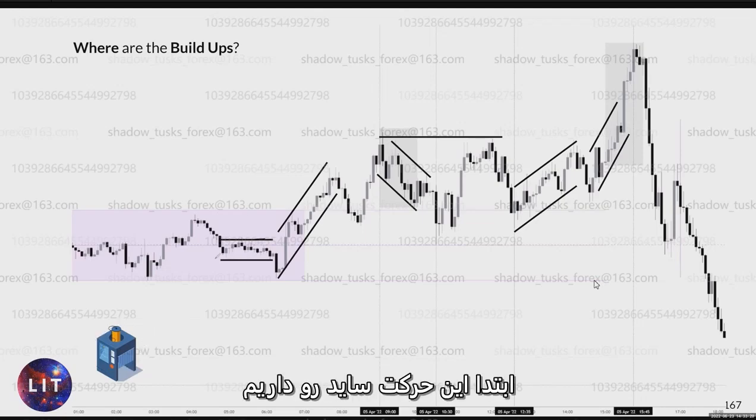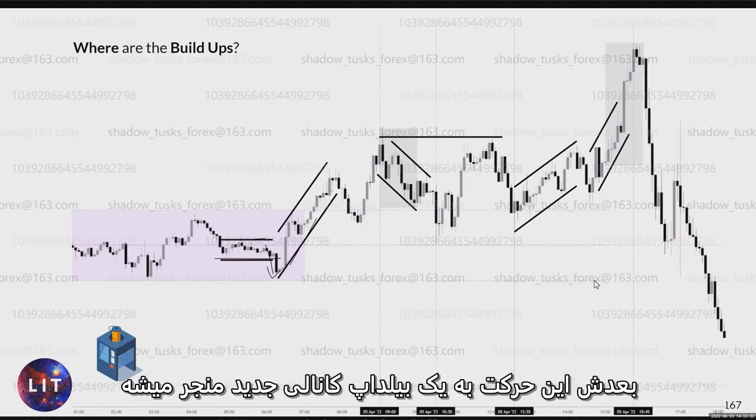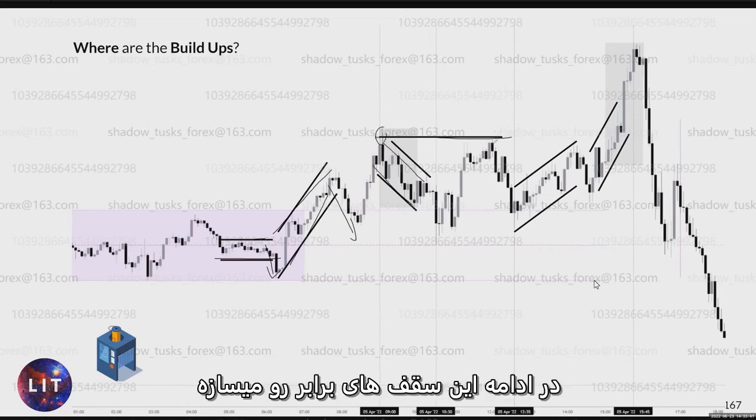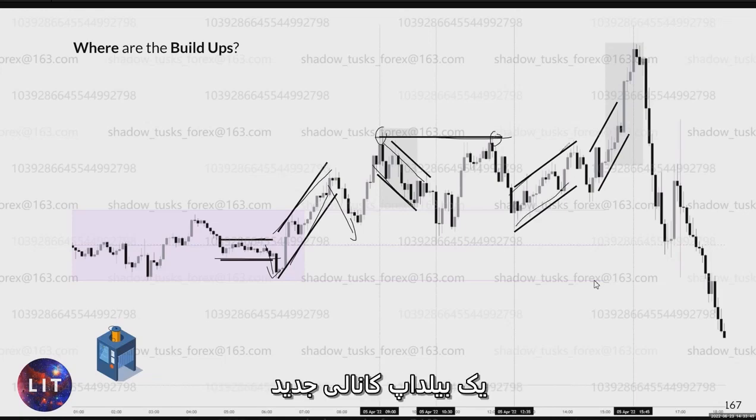We have the first sideways action going on. Boom. Okay, getting induced. Then that leads to a new channel build-up. Okay, what's going on here? New channel build-up. Okay, building the equal highs later on. New channel build-up. Okay, what happened here? Then a new channel, and then whoop, chopped it.